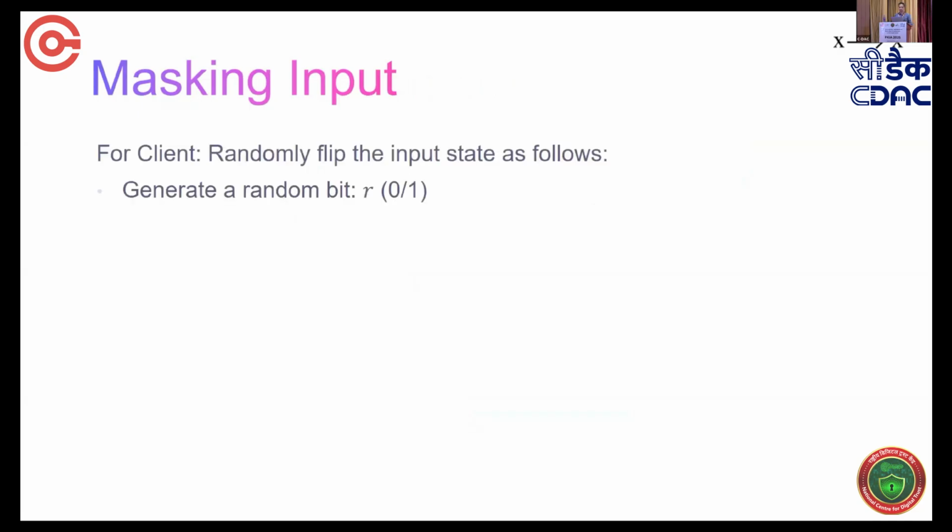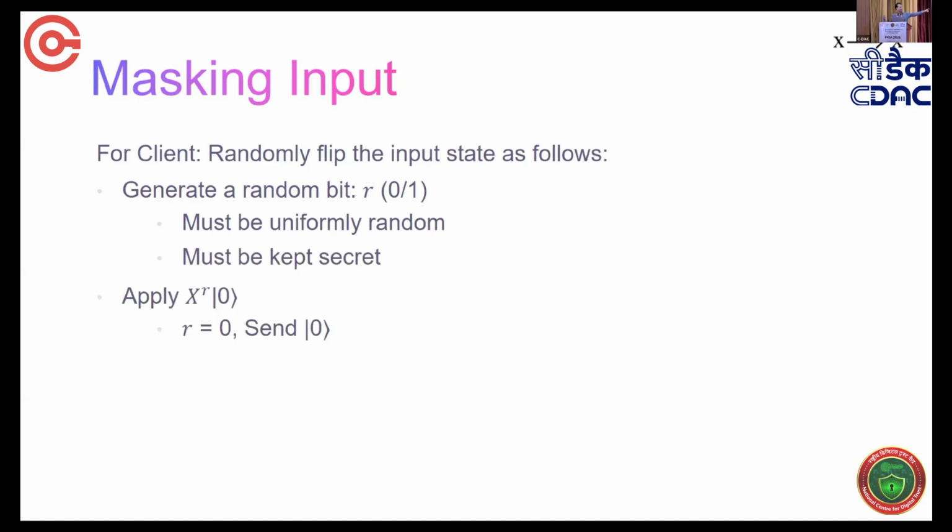For masking my input, I can randomly mask it using one of the Pauli operators X, Y, Z. In this example, I am showing that I will use the X gate, the X operator. I will apply the X operator on 0 based on a random flip of a coin. Sometimes I'll apply it, sometimes I will not.